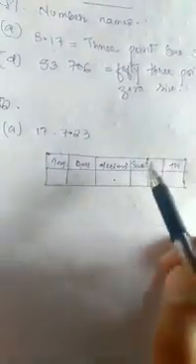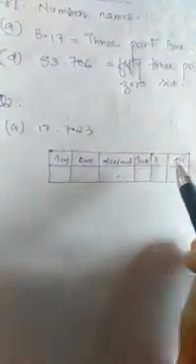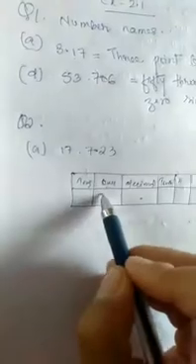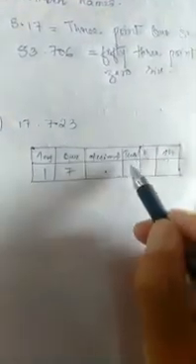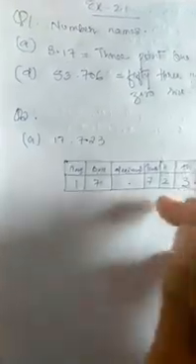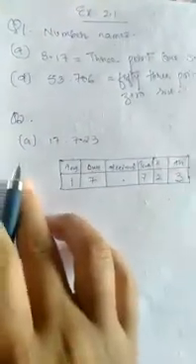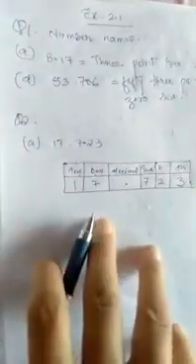You have to write here tenth, 100 and 1000. Now put the value. Ones is 7, tens is 1, tenth is 7, then 2, 3. This way you have to make the chart. Okay, so question 2 also has to be made like this. The rest you have to do it by yourself.